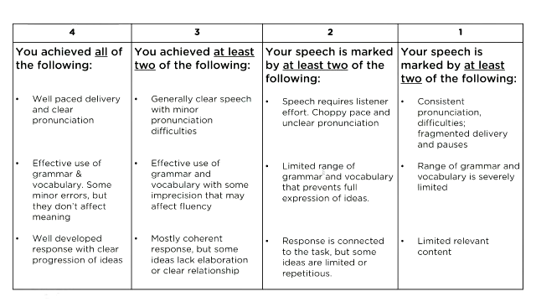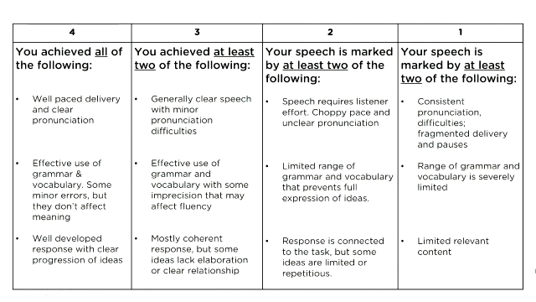Let's look at this one here. Limited range of grammar and vocabulary that prevents full expression of ideas. Well, the student spent so much time sort of stopping and starting and repeating that we weren't able to see a big range of grammar and vocabulary there. Though there weren't a lot of mistakes, it was just a limited range.